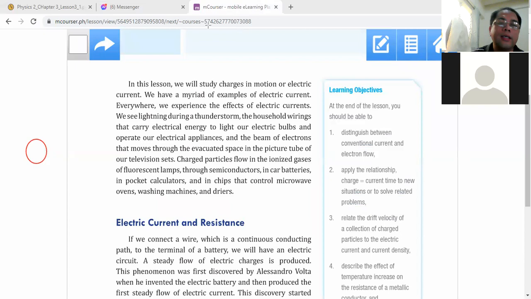So if this is a conductor, guys, a wire, for example, and you provide this wire with some electrons, and the electrons are able to enter through this portion of the wire, you can have some small charges there. So these are now our charges. Maybe they are electrons.